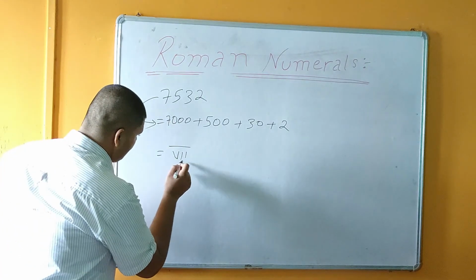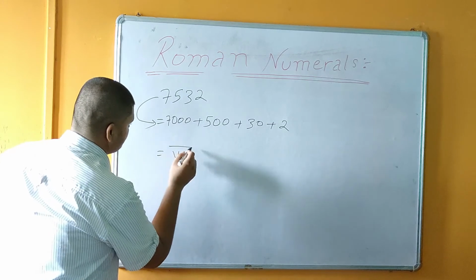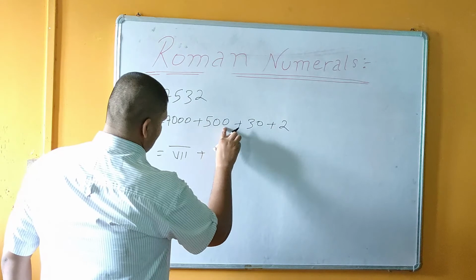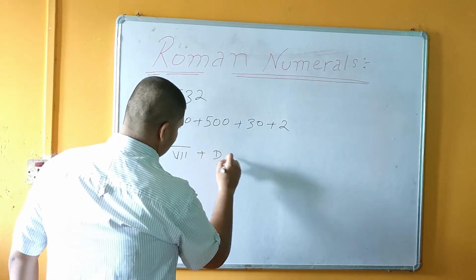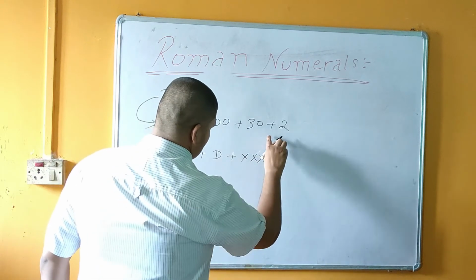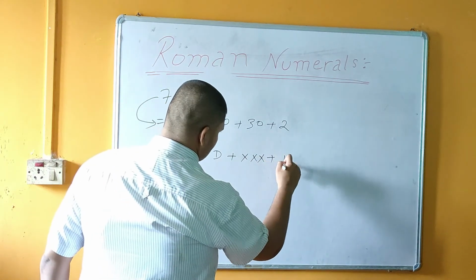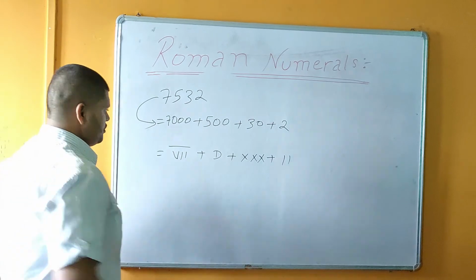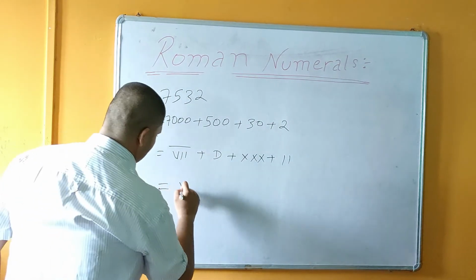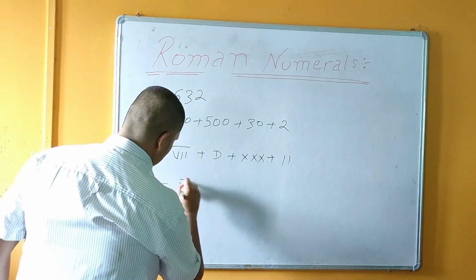The number inside is multiplied by 1000. Then it becomes 7000. Okay. You want to make 500, so plus D. For 30, we know that X can be repeated thrice. And plus this 2 means nothing but I can be repeated twice. So all together, by eliminating the plus symbol, we can write all together as this.